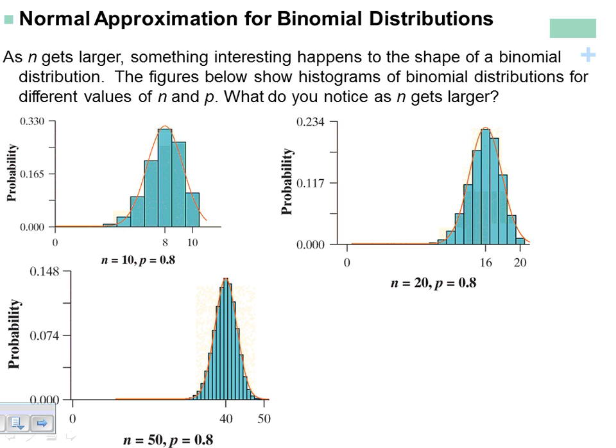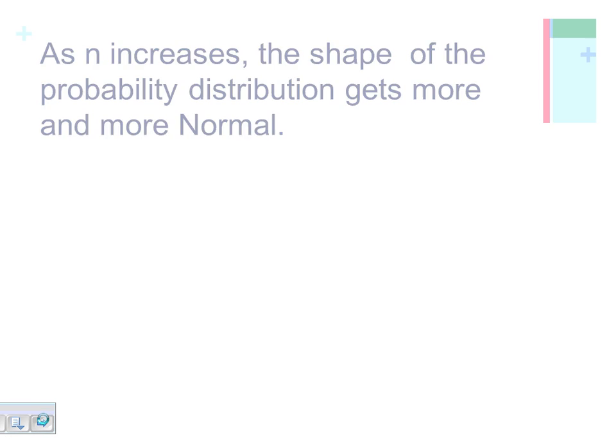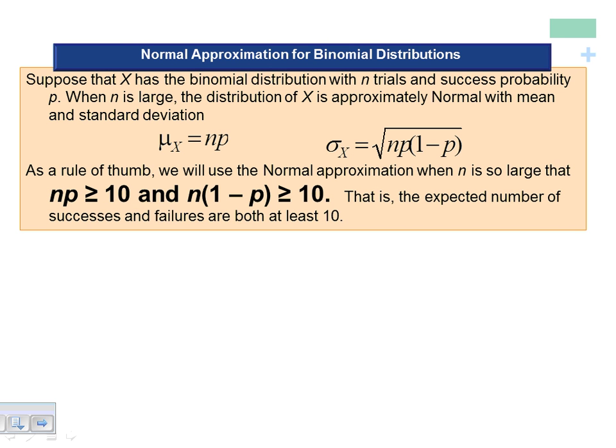So that's what we're looking to approximate, that normal distribution with a binomial distribution. So as n increases, the shape gets to be more and more normal. All right, the normal approximation for binomial distributions.